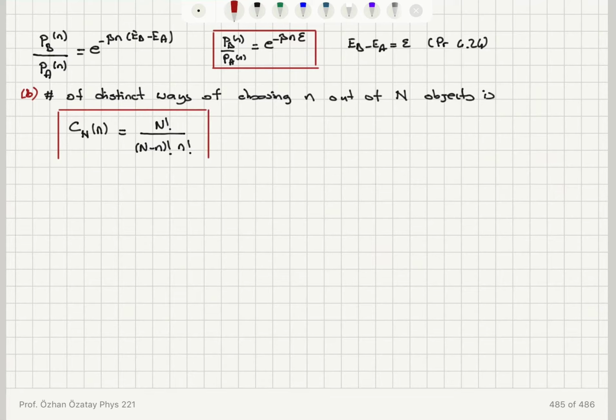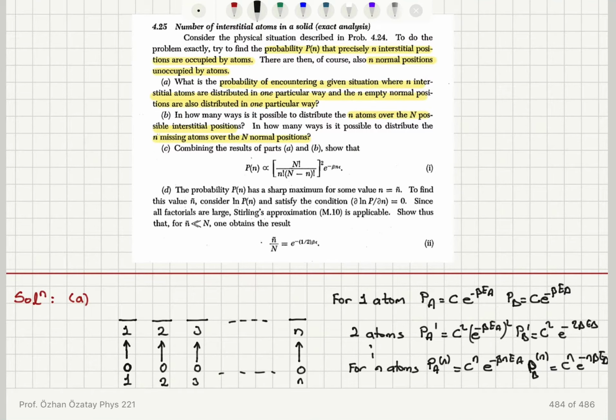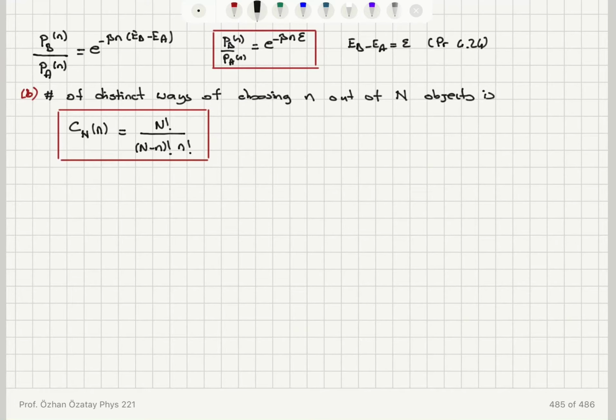So that is the number of different distinct ways I can do this, and it's the same whether I'm distributing n atoms over capital N possible interstitial positions, or I'm distributing n missing atoms over capital N normal positions, the same result. So same for both questions.